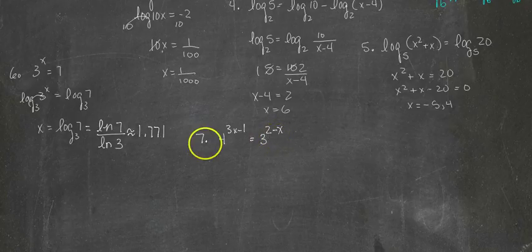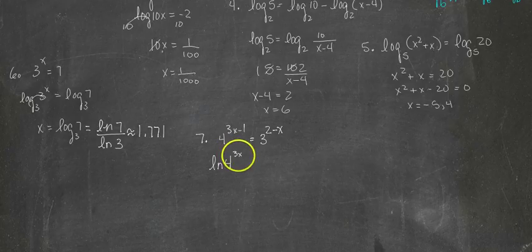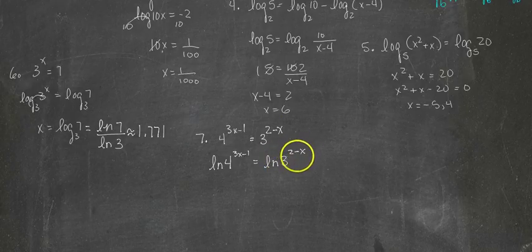Okay, well, if I took the log of both sides, certainly legal to do that, is it going to make things nicer for me? Well, at first glance it seems like it might not because I don't have the same base, but in fact if I choose the natural log of 4 to the 3x minus 1 and set it equal to the natural log, just taking the log of both sides, of 3 to the 2 minus x, now I can at least take the monkey out of the tree on both sides.